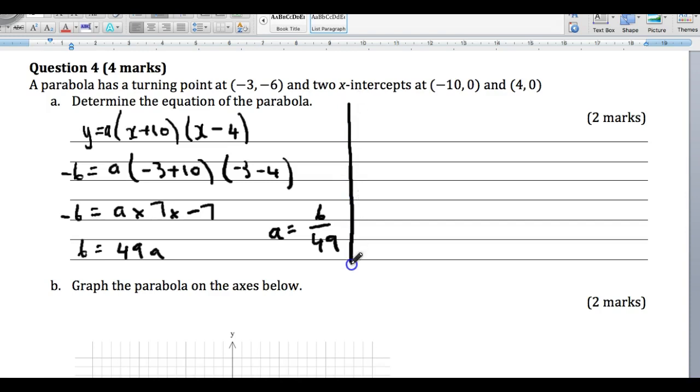If you wanted to put it into turning point form, you can do y equals a, x minus h, so x plus 3 minus 6, and then just substitute in one of these points. I'd do 4, 0, just a bit nicer. So 4 plus 3 is 7.